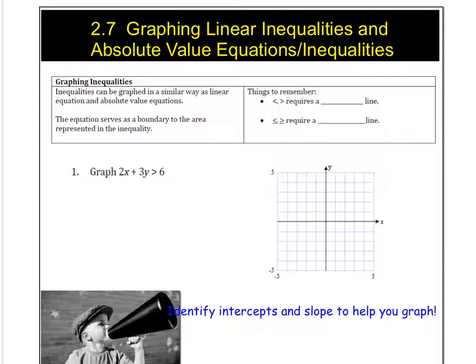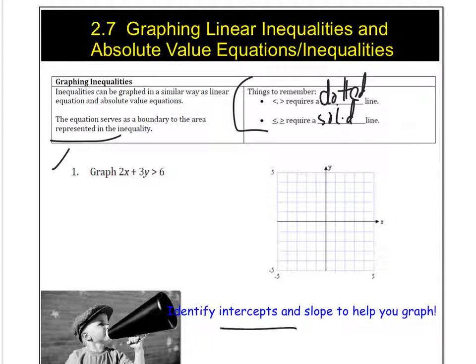So now graphing inequalities, this is kind of a review for you guys. A couple things to remember: one is that this is going to be dotted, and this is going to be a solid line. Graphing here, I can use intercepts first.